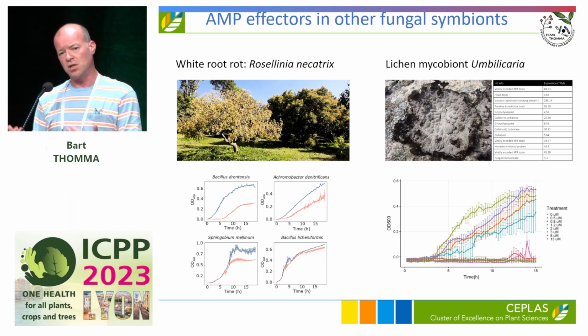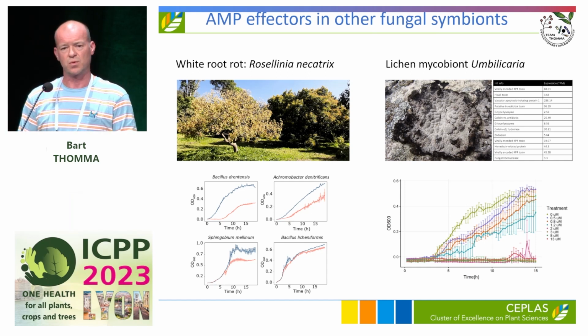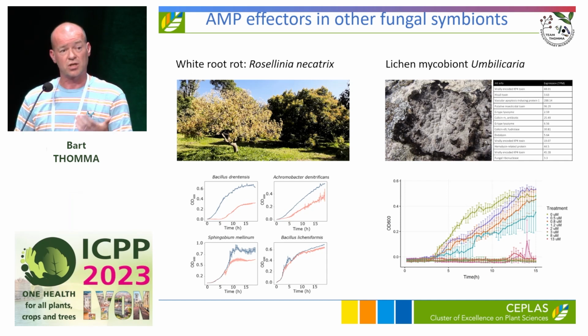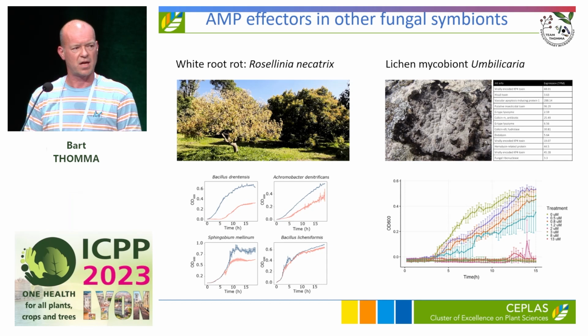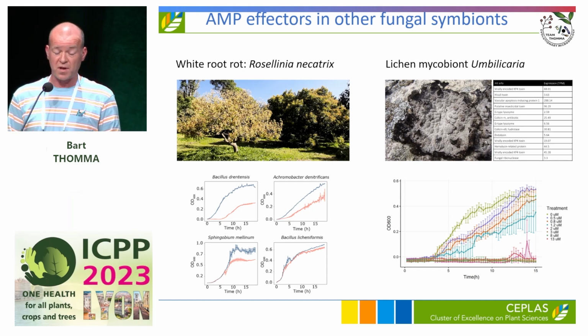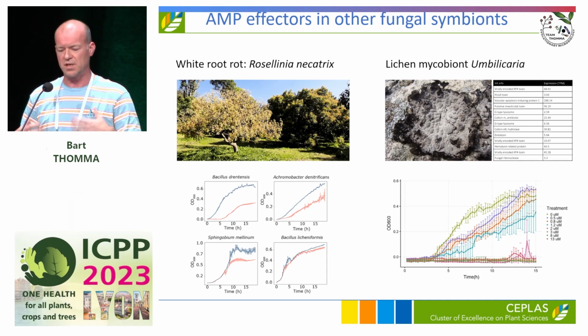Also there in the genome, we can predict effectors with potential antimicrobial activity that are clearly also expressed during the interaction with algae, and also here, some of these candidates, when we produce them, we can clearly show that they have antimicrobial activity. So by now, we're really convinced that the production of these types of effectors among fungi and in fungal genomes is very much widespread.